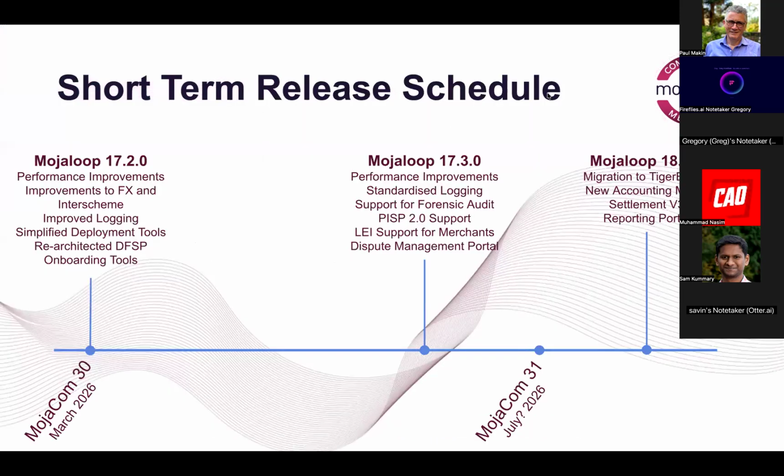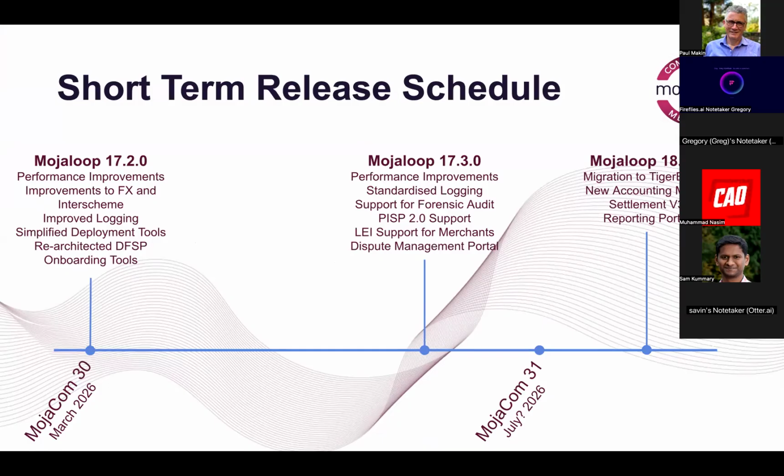So the short-term release schedule, we have 17.2.0 out. Sam and his team have published those at MojaCom or shortly before. That's this current standard version that everybody should be trying to adopt and migrate to. 17.3 will come along probably in July, just before the next MojaCom.